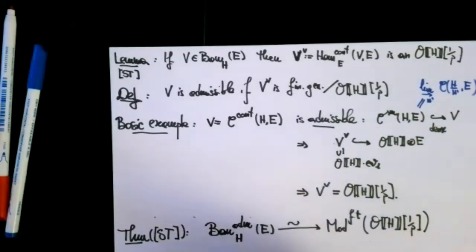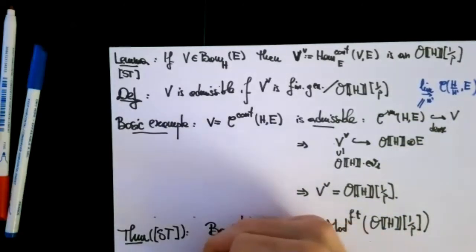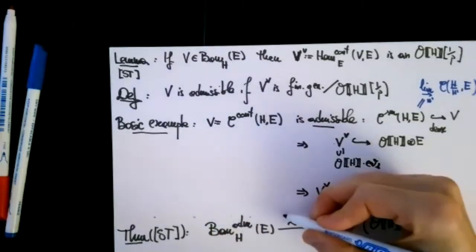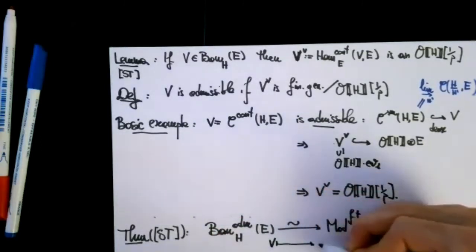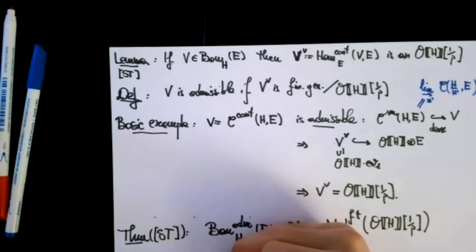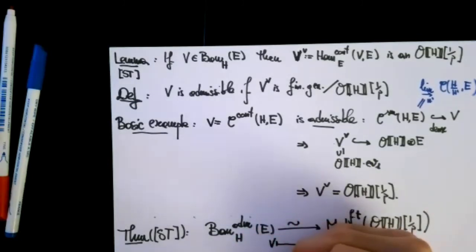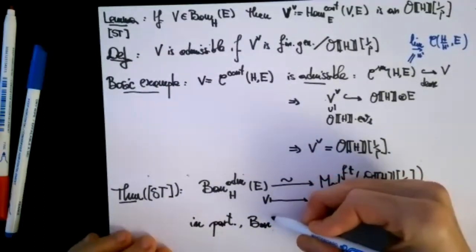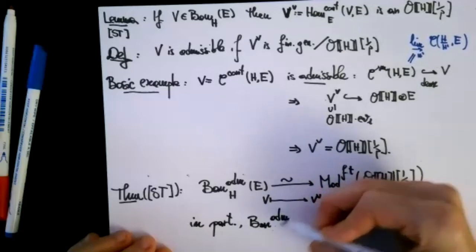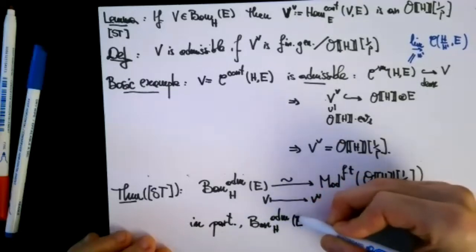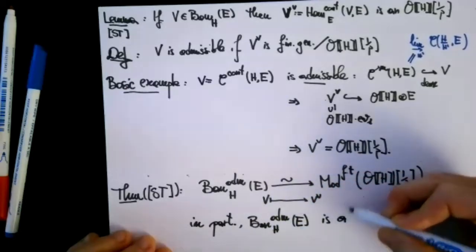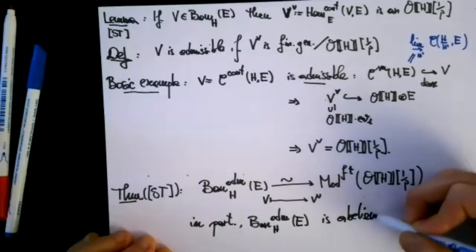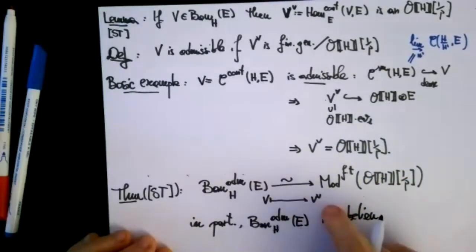And so in particular it is abelian. So this is an equivalence. In particular, the category of admissible Banach space representations is abelian, and the functor respects short exact sequences.